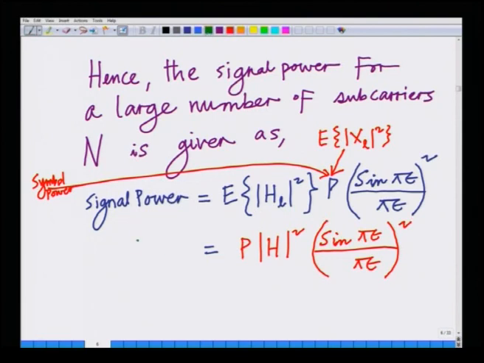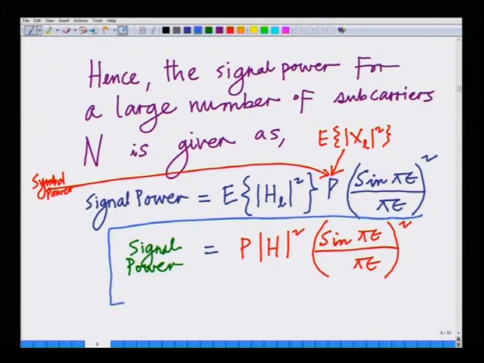So, this is nothing but the signal power.